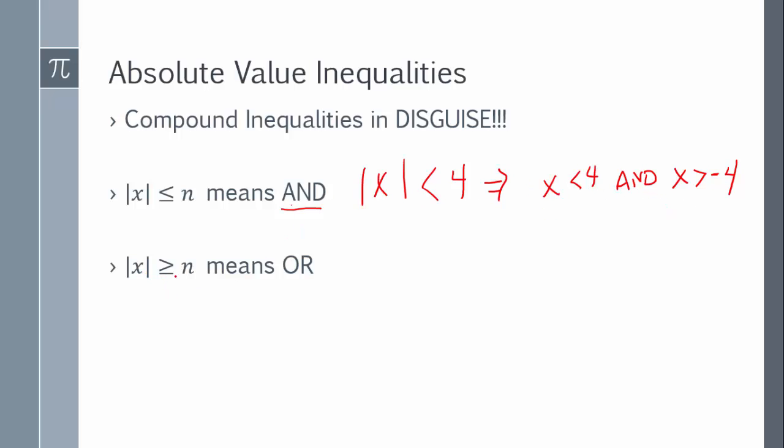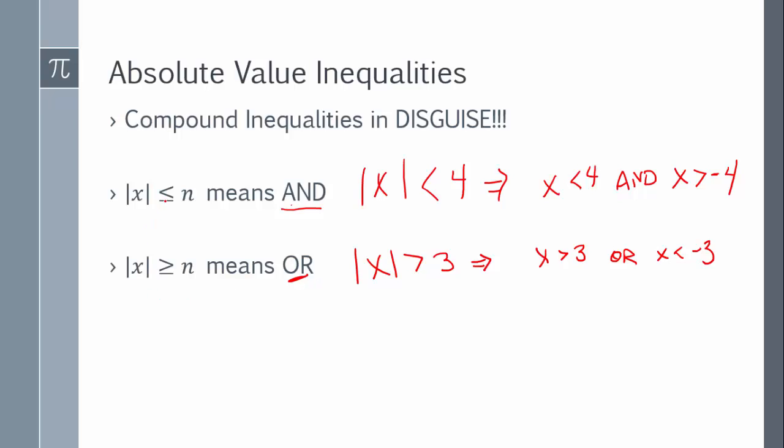And then, or, if we see an absolute value greater than a number, that would mean an or inequality. So if I said the absolute value of x is greater than 3, then we're really saying x can be bigger than 3 or x can be less than negative 3.